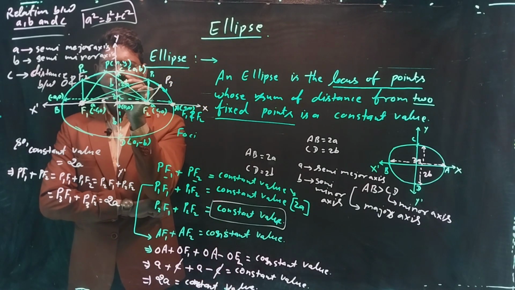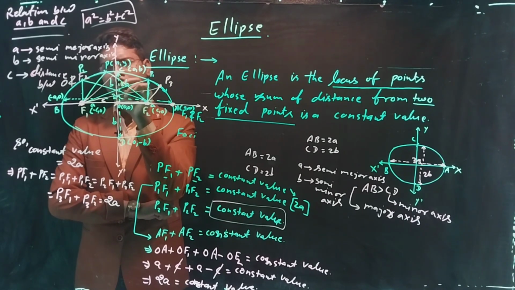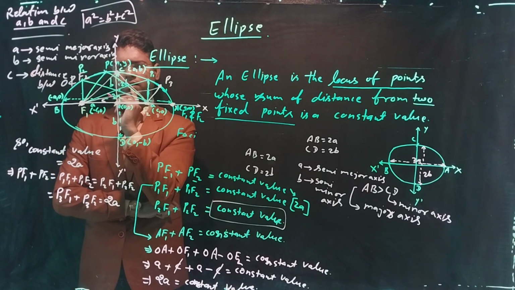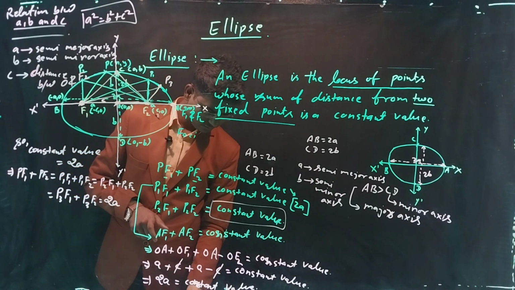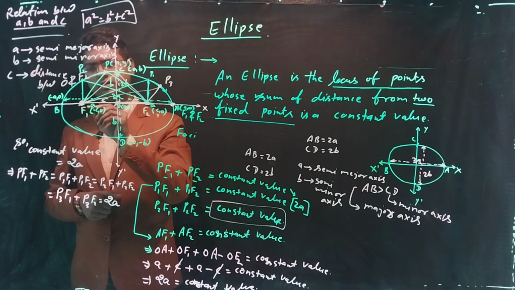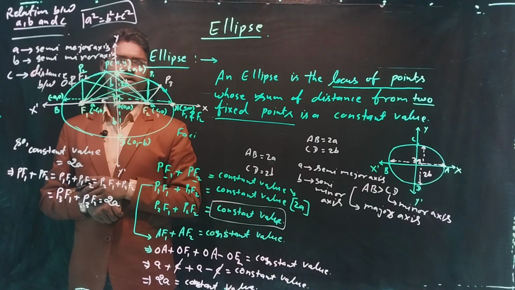This point C can be connected to F1 and to F2. Then there is a right angle triangle. This C, F1 and O is a right angle triangle.